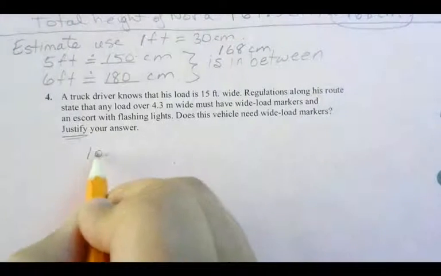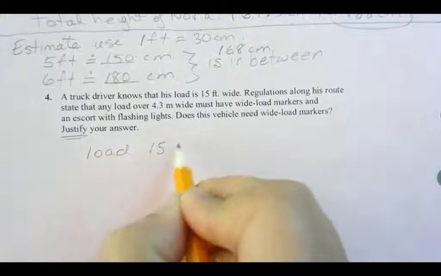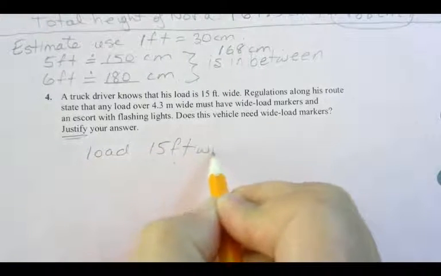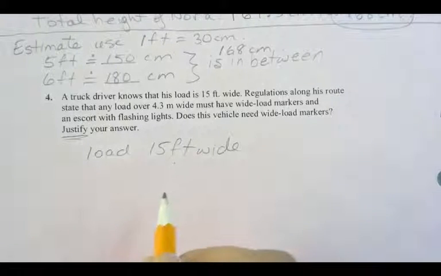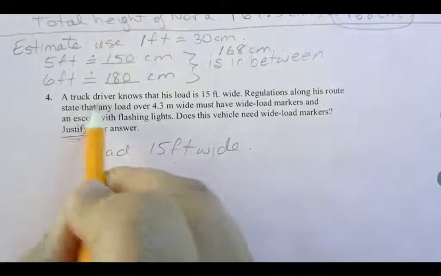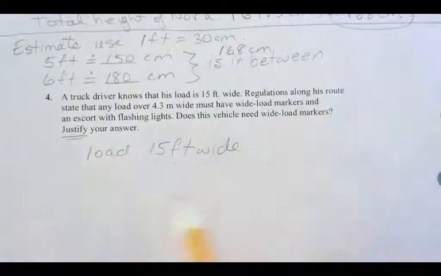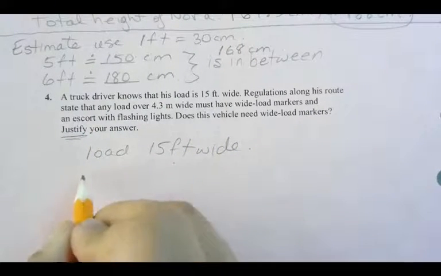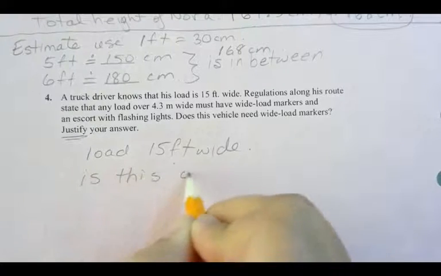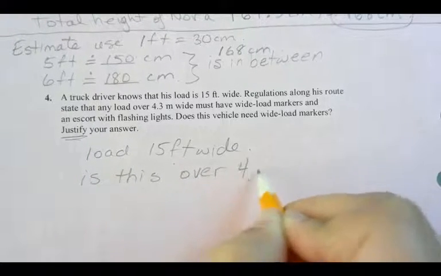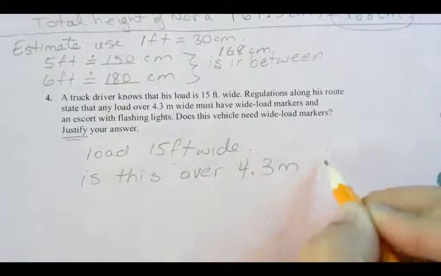So the load is 15 feet wide, and the truck driver knows that his load is 15 feet wide. Now, any load, so we need to see, is this over 4.3 meters?